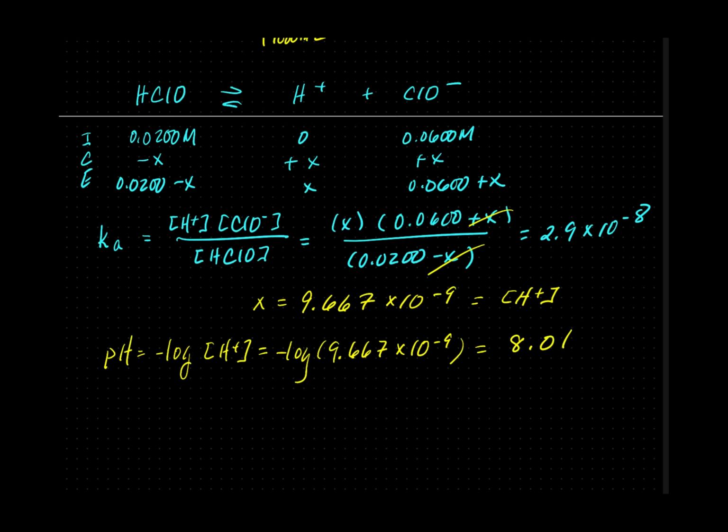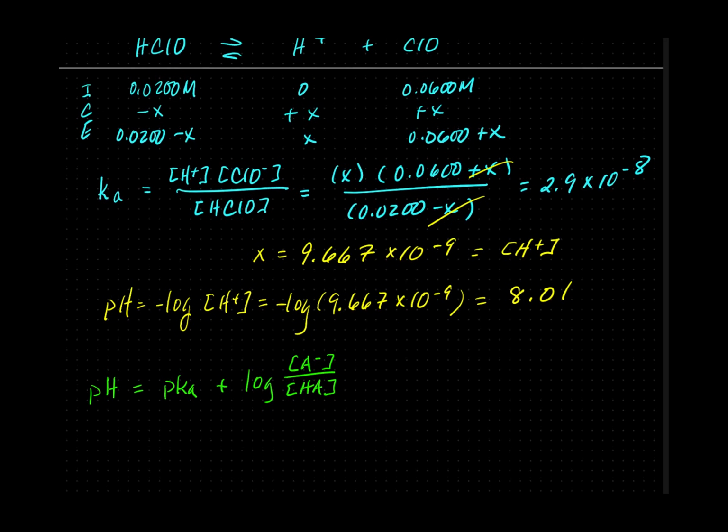The easier way to solve for this is using the Henderson-Hasselbalch equation, which is pH is equal to pKa plus log of its conjugate base divided by the weak acid. And you have all this information. Remember, pKa means negative log of Ka, and Ka is given as 2.9 times 10 to the negative 8, plus log.